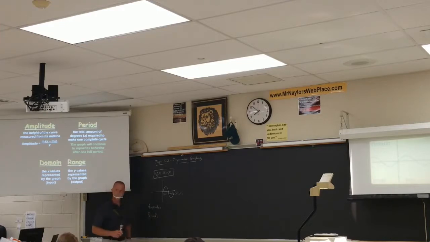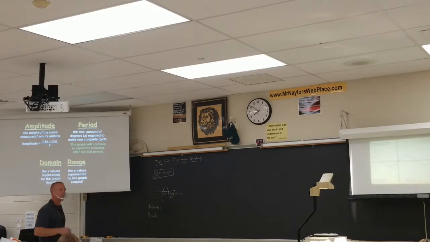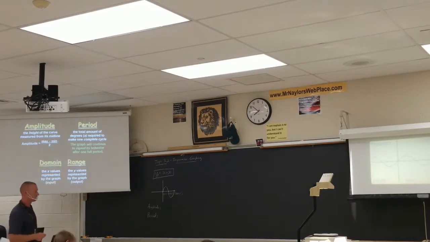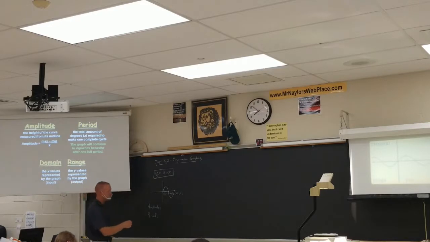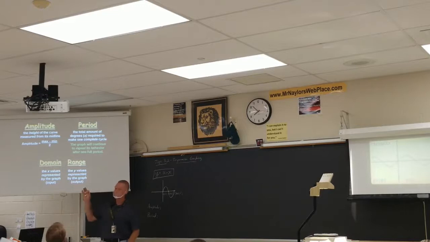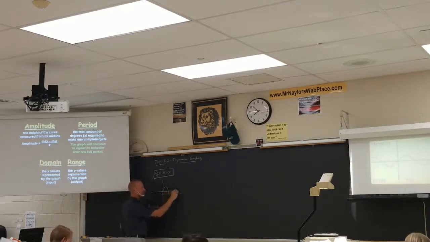And again, these are just some factual things. These are just answers that we're going to reveal, and it'll be the same answer next time. Now, the amplitude is this idea of the distance from the midline. Maybe the midline is something that we should notice being the x-axis.